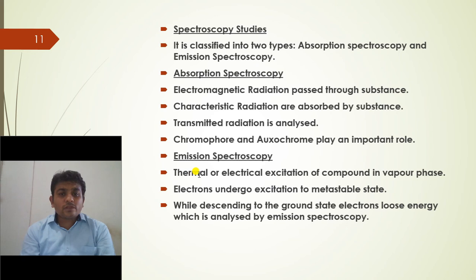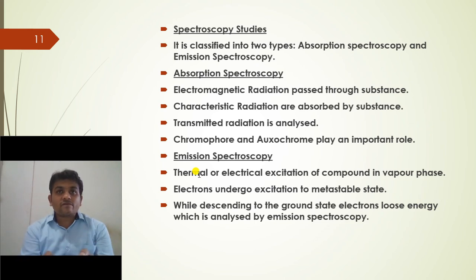Now, spectroscopic studies have been classified into two types. One is absorption spectroscopy and the other one is emission spectroscopy. Basically, absorption spectroscopy mainly deals with the absorption of the radiation. Any molecule, if it has a chromophore and an auxochrome inside its molecular structure, has the ability to absorb the radiation. Whereas in emission spectroscopy, we determine how much radiation has been emitted from the compound.